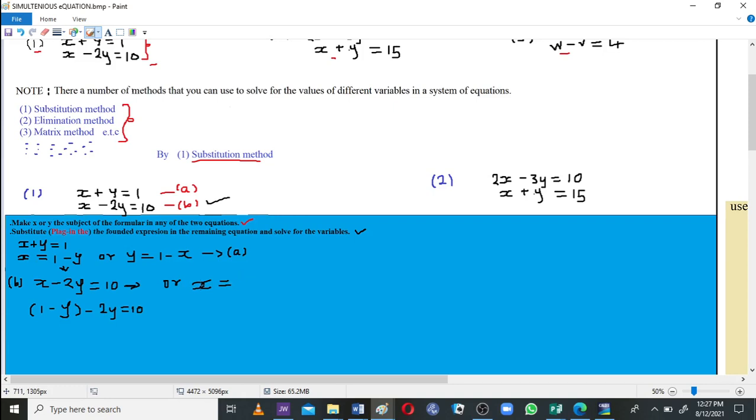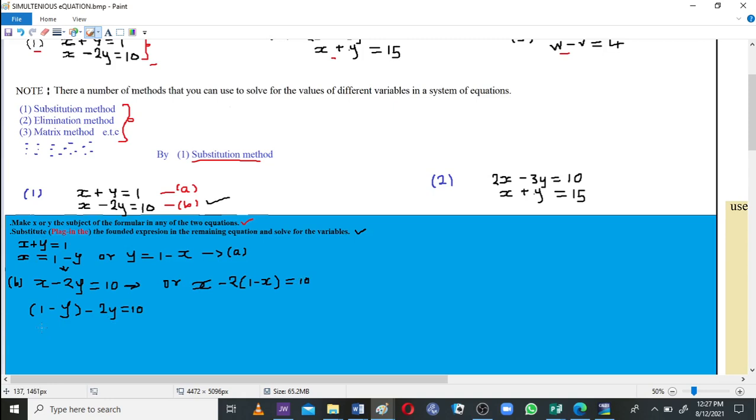So we have x minus 2, and where there is y, we substitute with 1 minus x, is equal to 10, right?